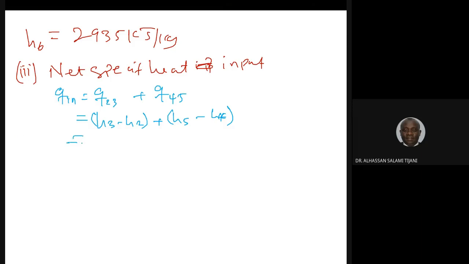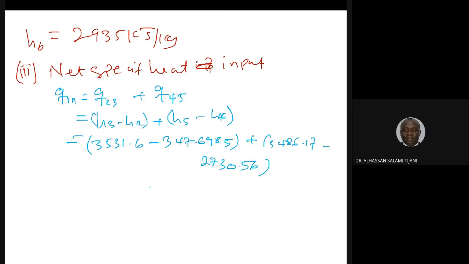And if you slot in all the parameters, we will have 3531.6 minus 347.6985, plus 3486.17 minus 2730.56.